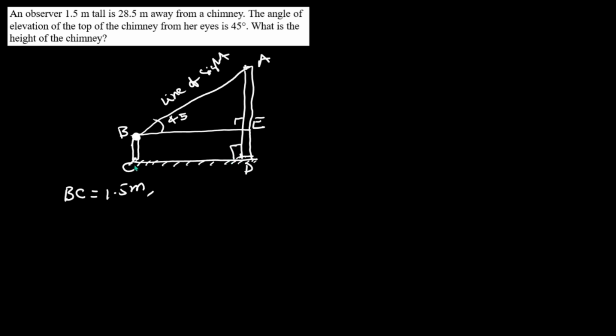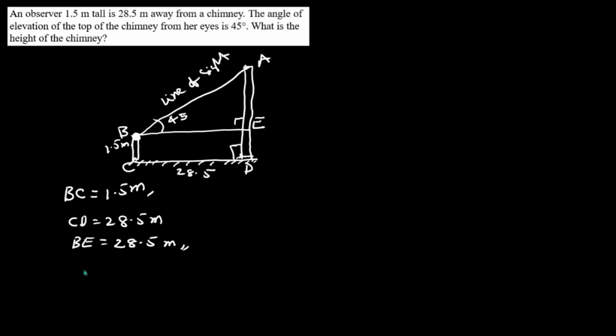So distance CD or BE, both will be 28.5 meters, and this is 1.5 meters. So CD is equal to 28.5 meters, or BE also 28.5 meters.